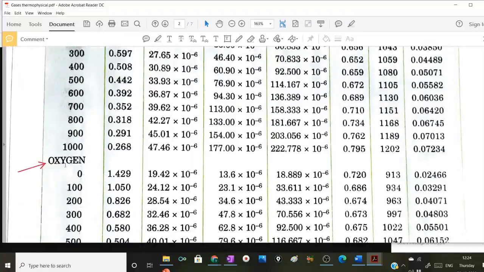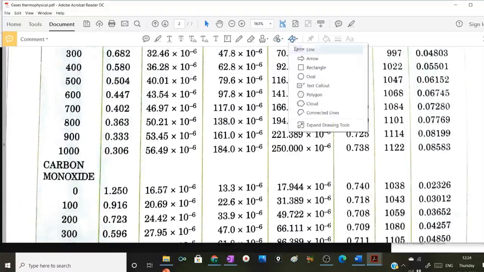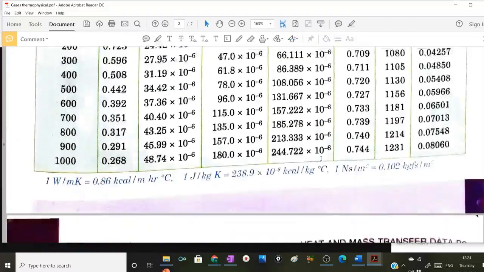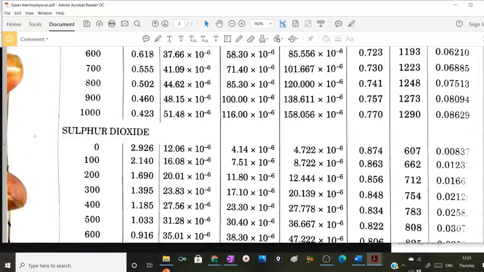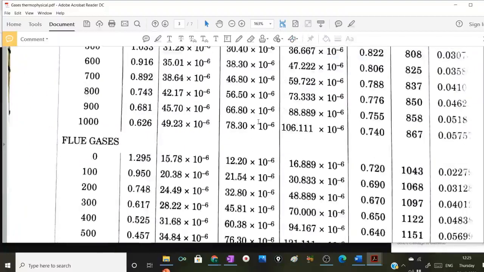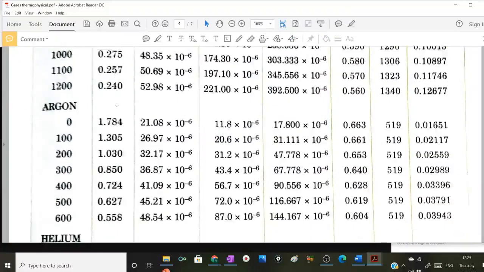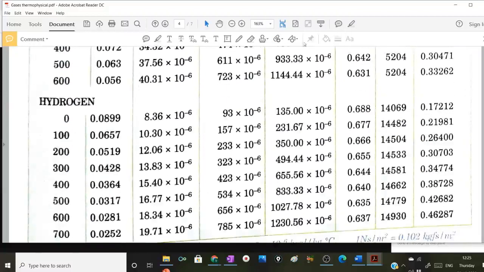For oxygen, for carbon dioxide, sulfur dioxide, flue gases, argon, helium, hydrogen.